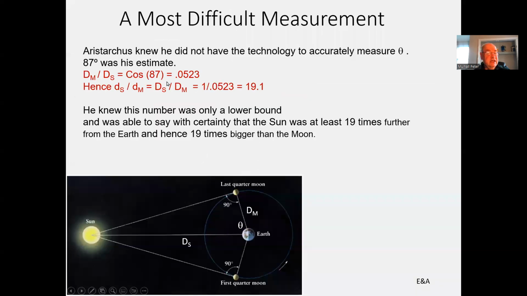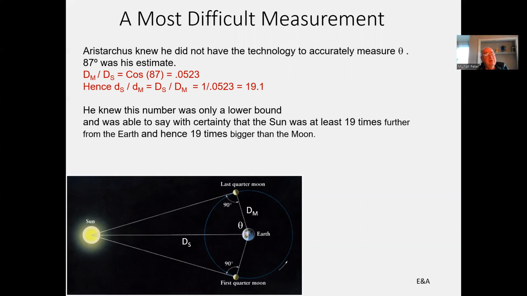With that measurement, he takes it to be 87 degrees, and you can look up in his trig tables, which don't exist yet, but he can, by other means, find these ratios much more difficultly, turning the ratio upside down. So instead of having a number less than 1, we'll get a number greater than 1. We can write the 1 over the cosine, essentially, and we would get the ratio of the distances, the ratio of the sizes, to be 19.1.